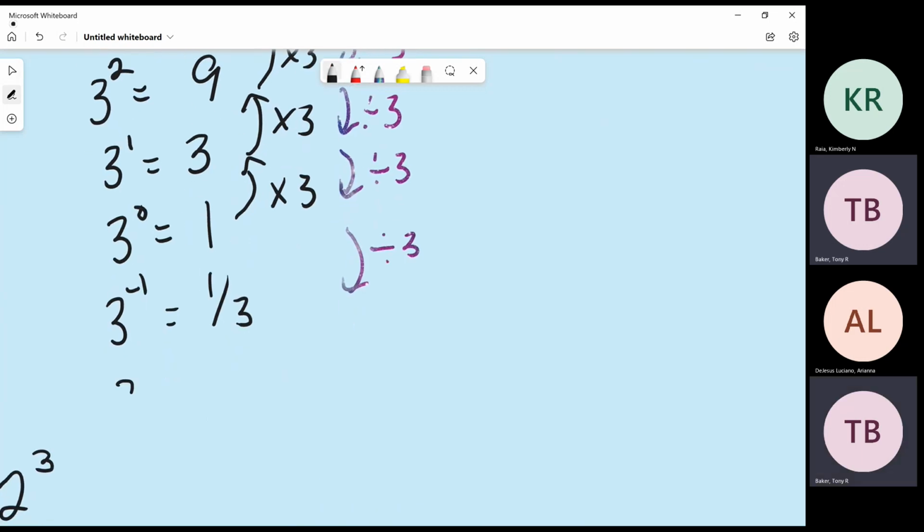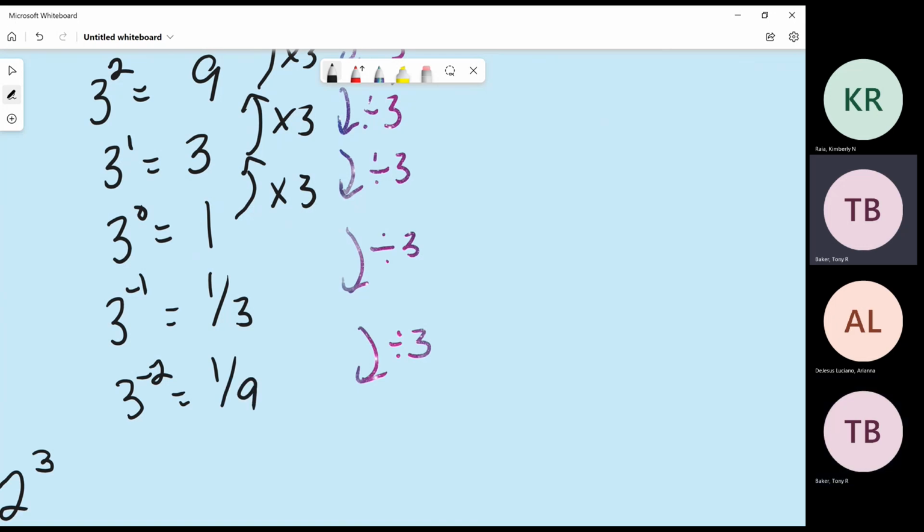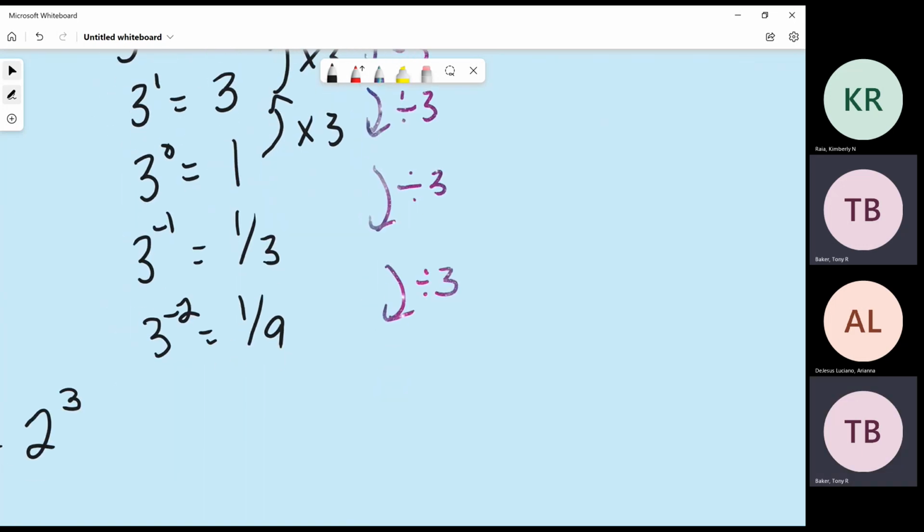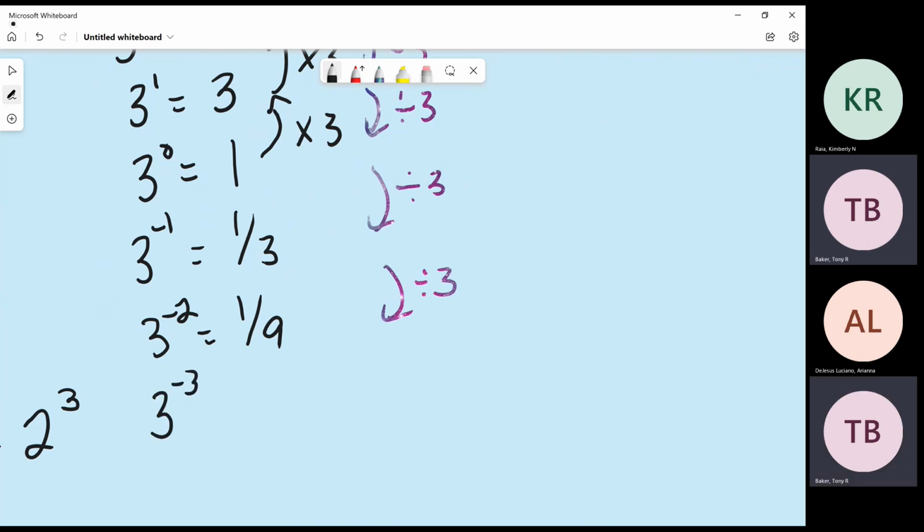If I do 3 to the negative 2nd power, same process. Divide by 3, which is 1/9. We'll do one more and see if you can see a pattern. 3 to the negative 3rd, I divide by 3 again, will be 1/27.